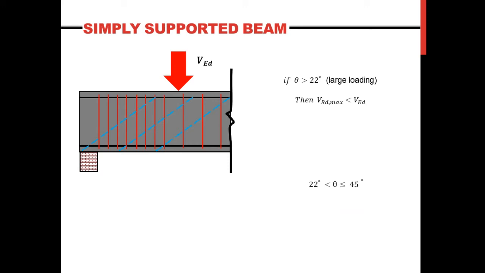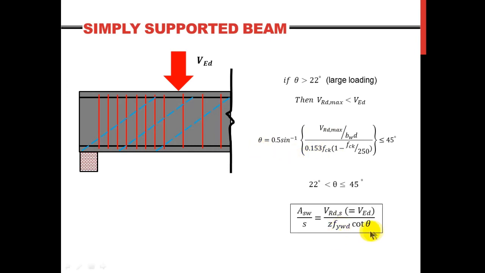In this case, theta is more than 22 degrees because the VRd,max is less than the VEd. Theta would be calculated using this equation. The VRd,max would be equated with the VEd here, and theta would be simply obtained by plugging in the variables. Once theta is obtained, we only need to return to this equation and insert the new theta that has been calculated above.